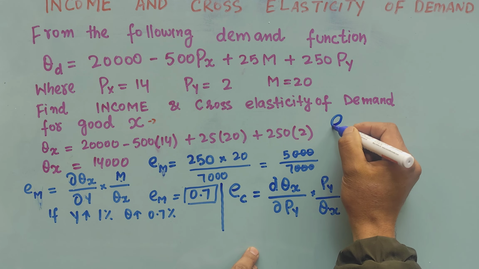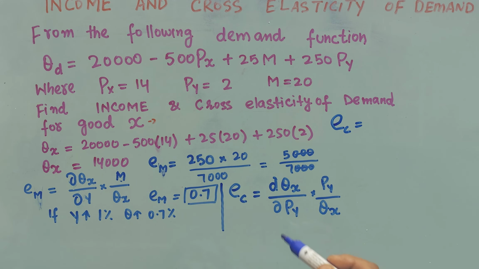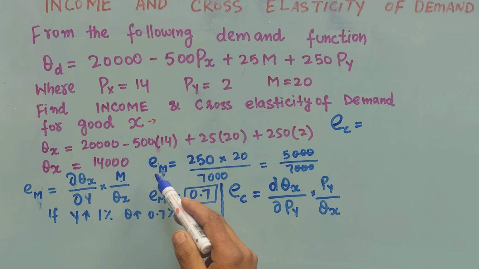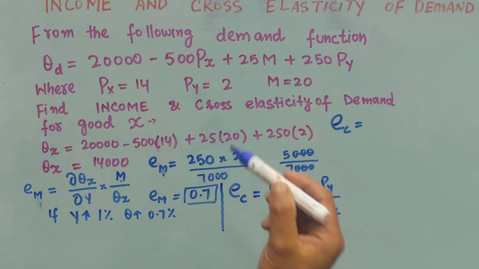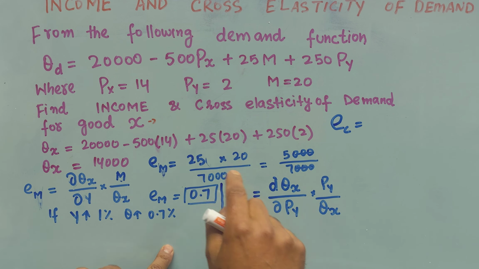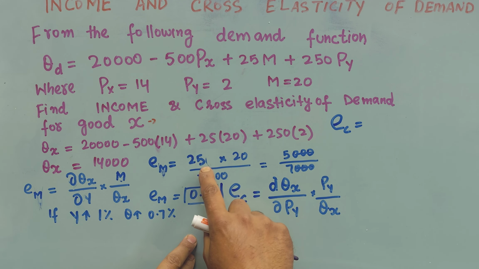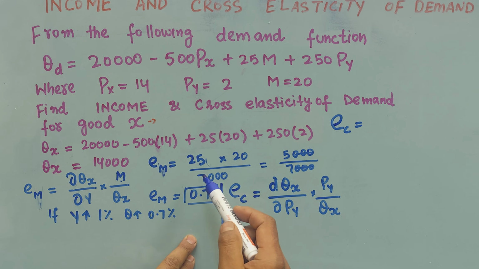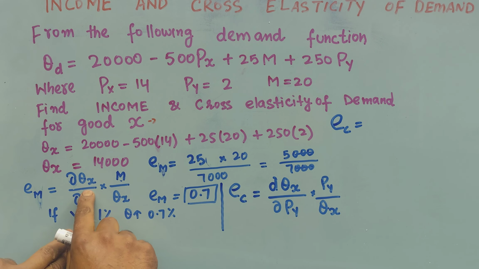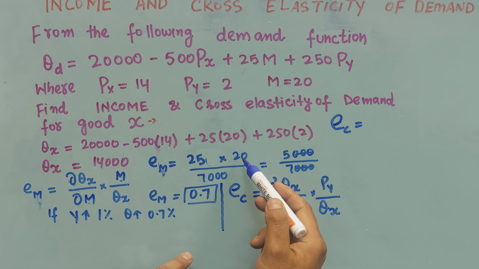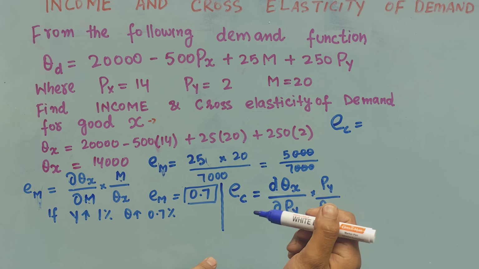So cross price elasticity of demand will be equal to the partial derivative of this function with respect to Py. Okay, I have made a mistake here, since we have to take the partial derivative with respect to M. So here we have 25 into 20, sorry for this mistake, it will come out to be 500.